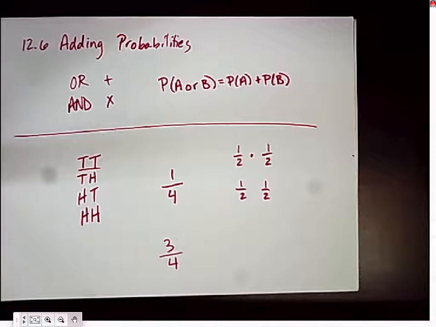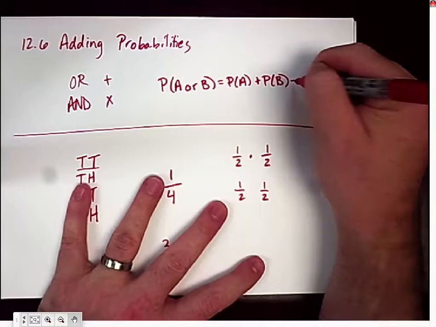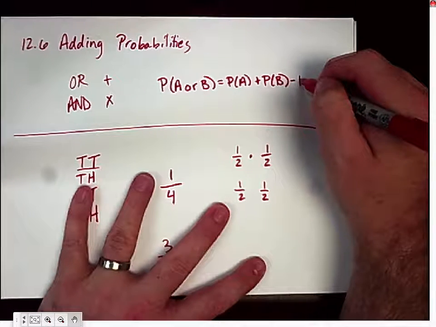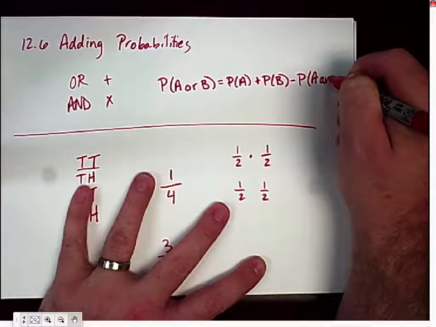If I took the number of females and added the number of 10th graders, what could I do to get the number of people that are female or 10th grade? Subtract how many 10th grade girls you have, because those are the people you counted twice. And if you subtract it, you only counted them once, right? So what we do is we subtract the probability that you were both A and B.